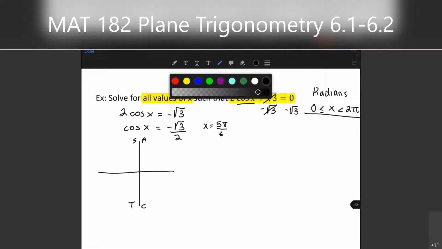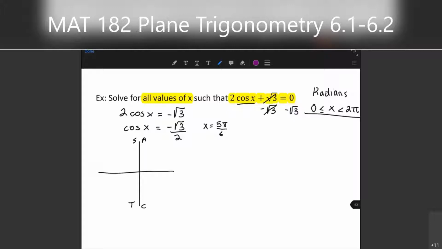Why did you make it negative? Why did you not take away the 2 first? Like you did negative root 3, why didn't you divide by 2 on the 2 cos x first? Why did I not get rid of the 2 first?